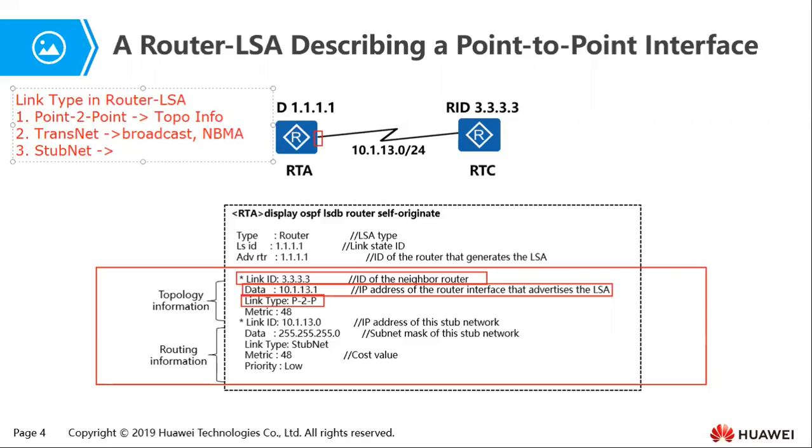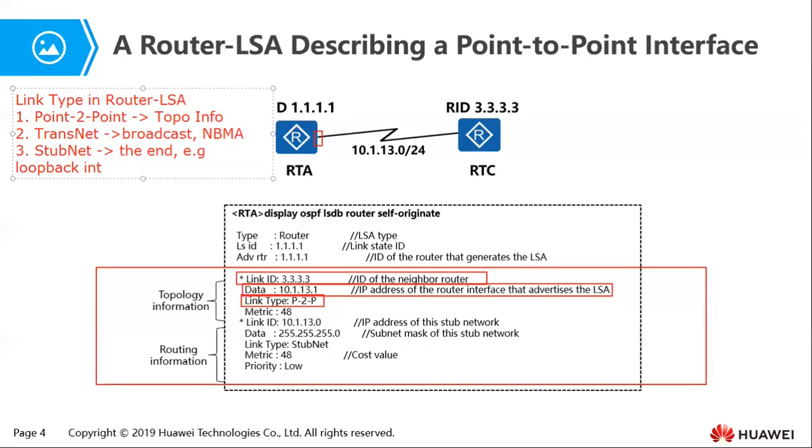Then the last one here is the stubnet. This is a link to a stub network. Most of the time, when you talk about a stub network, we are talking of a network that is an end. No other connection can be made from that network to another network. It's the end of the network. That's what we call a stub. A good example used to simulate a stub is a loopback.